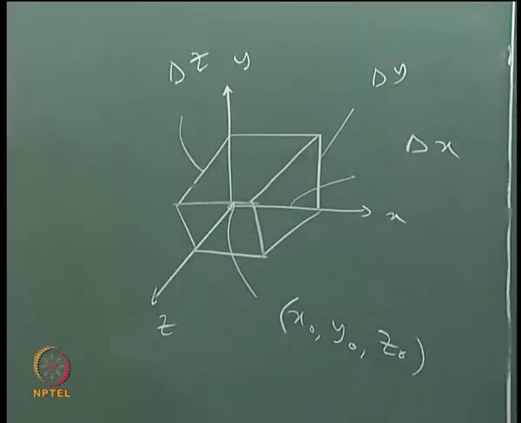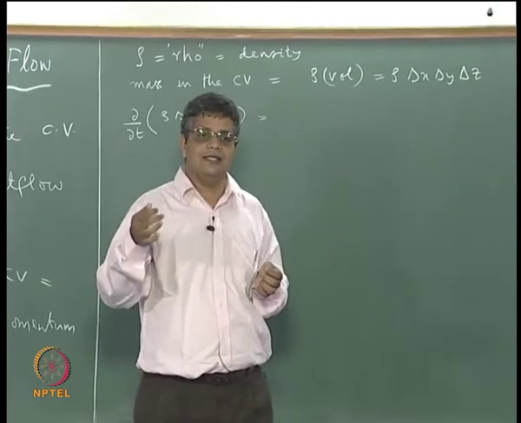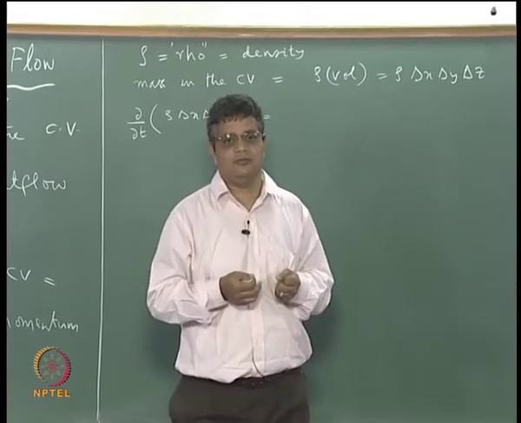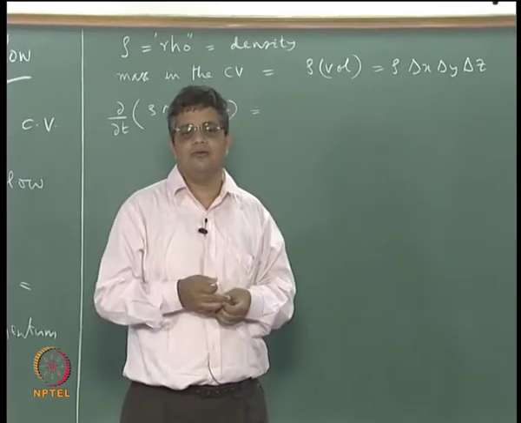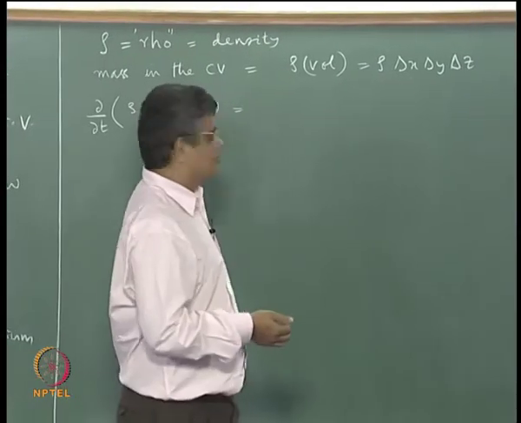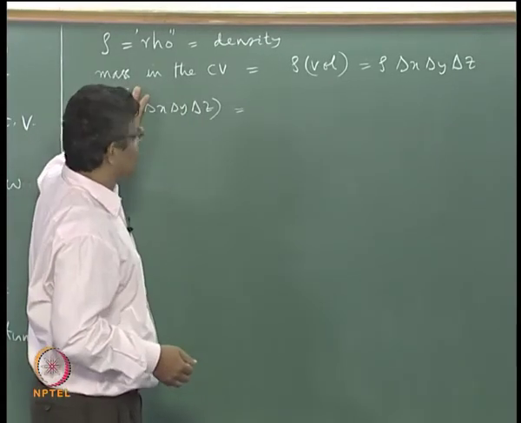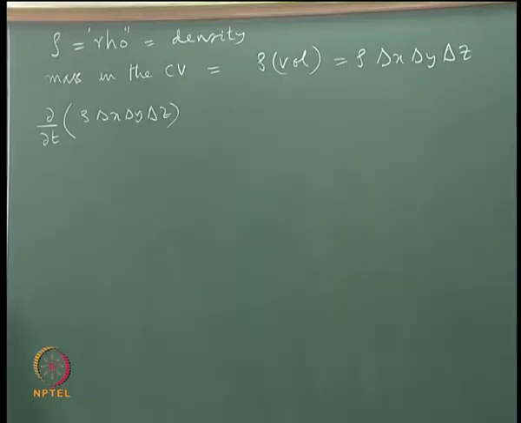So in that sense we can say that the surface of this control volume is the means by which fluid can either enter or leave the control volume, and if there is a net imbalance between the inflow and outflow, then there can be an accumulation. So the mass conservation equation is saying that the rate of accumulation is equal to the rate of imbalance between the inflow and outflow.